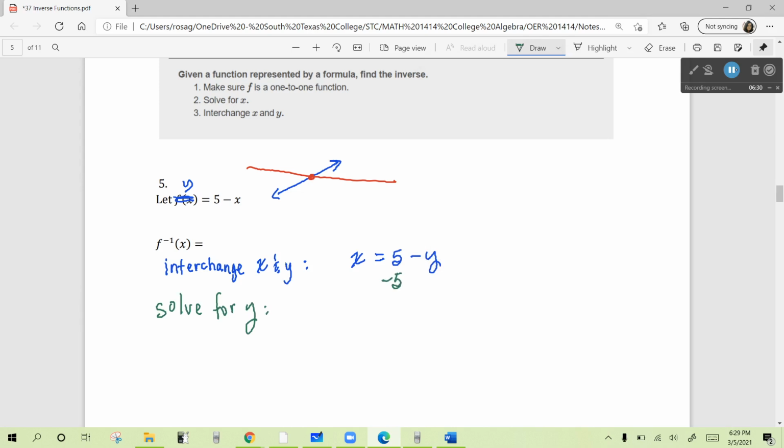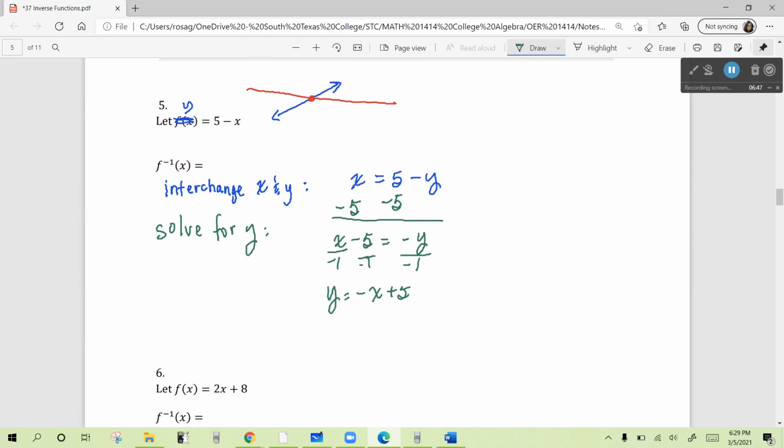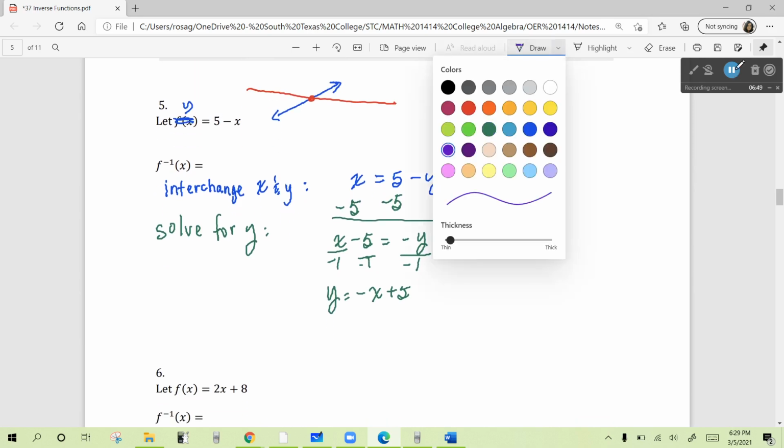So and then finally you can just do notation.